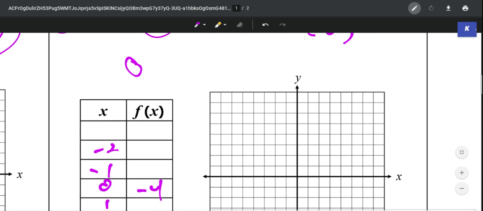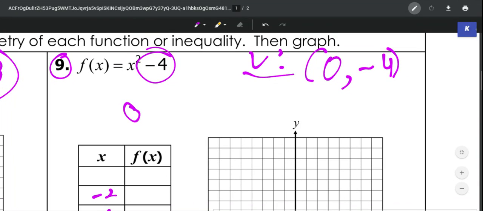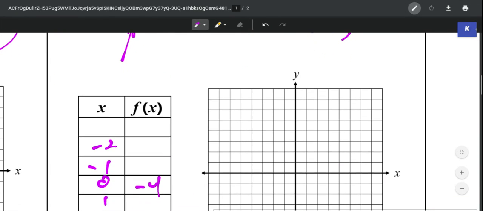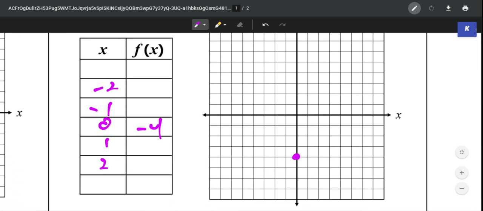Now, like I said before, you're just taking those x values and plugging them in for x here. Whatever you get out is f of x, or your y coordinate when you're graphing it. So for -2, you'll get 0. For -1, you'll get -3. For 1, you'll get -3. And for 2, you'll get 0.